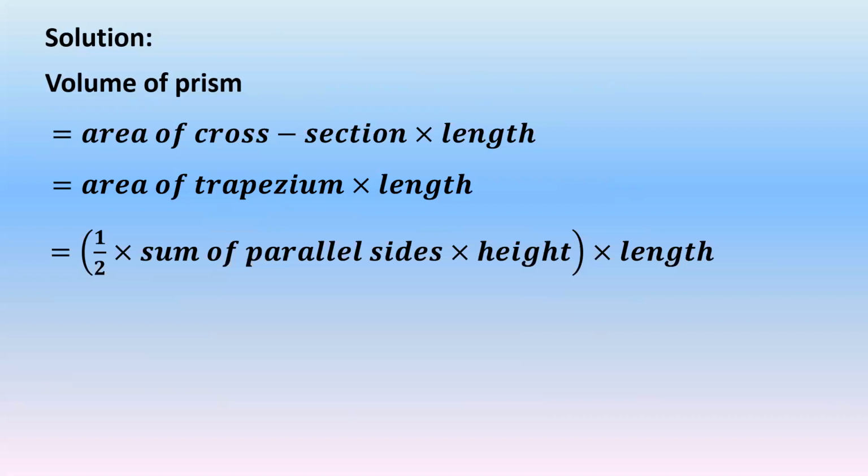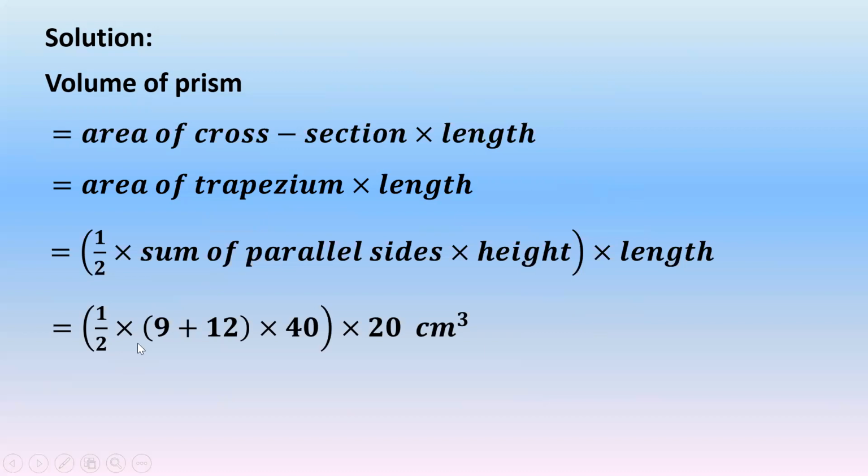Substituting the values, we get half multiplied by (9 plus 12) multiplied by 40 multiplied by 20, which will give us volume in centimeter cube. Remember that here we need to use our BODMAS convention to simplify this. That is, bracket first and then multiplication.